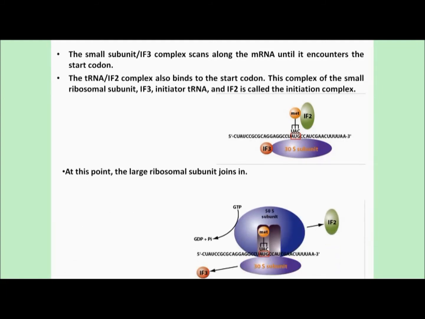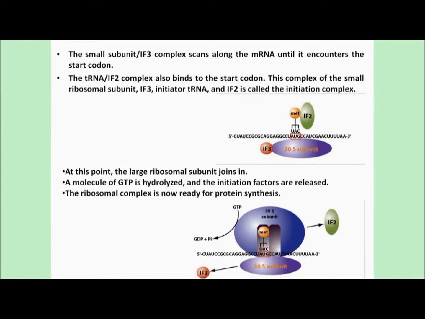Now at this point the larger ribosomal subunit will come and join here. Now a molecule of GTP will be hydrolyzed, as energy is needed, and the initiation factors IF2 and IF3 are released. Now the ribosomal complex is ready for protein synthesis.